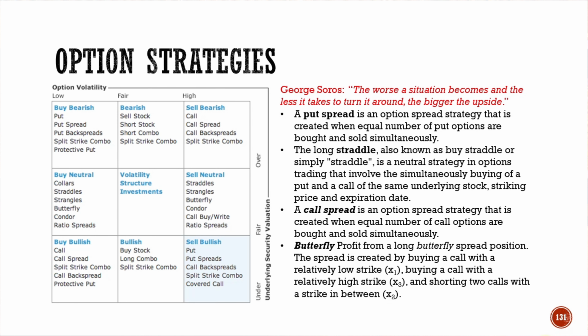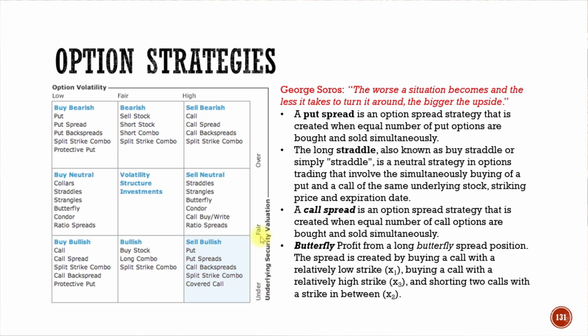So naturally you're going to wonder, how do I make money on this stuff? Well, there are lots of different strategies, okay? So here's a list of it. You can study it and enter into it once you feel comfortable in dealing with options. Here we have a scale of volatility, low volatility, high volatility. And here we have underlying security valuation.